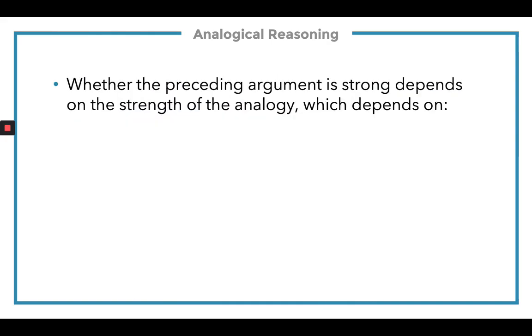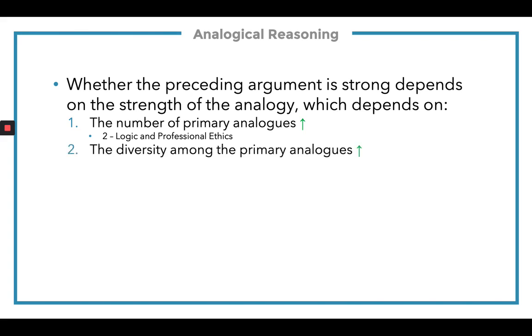So to summarize a bit, whether an argument like the preceding one is strong depends on the strength of the analogy, and the strength of an analogy depends on 6 different things. The number of primary analogs, and the more we have, the stronger the analogy. In this case, we've got 2 primary analogs. The strength of an analogy depends on the diversity among the primary analogs.